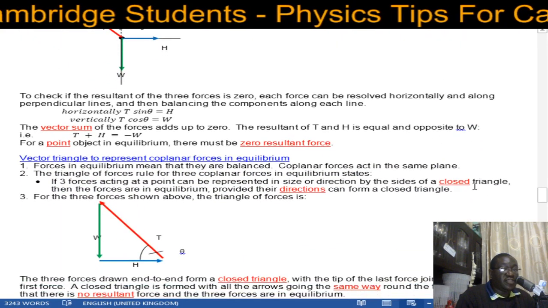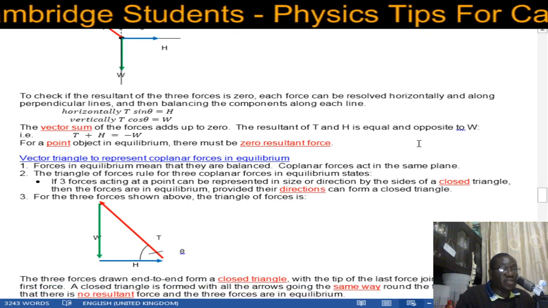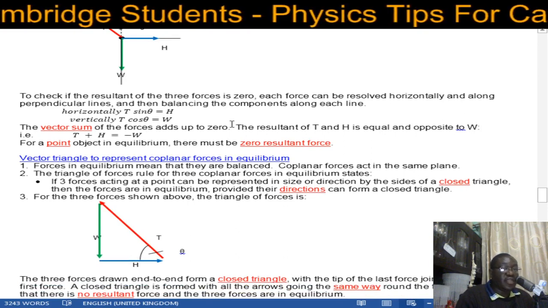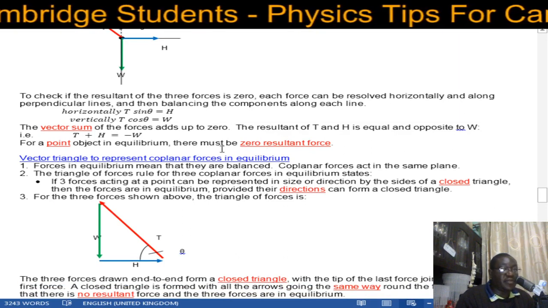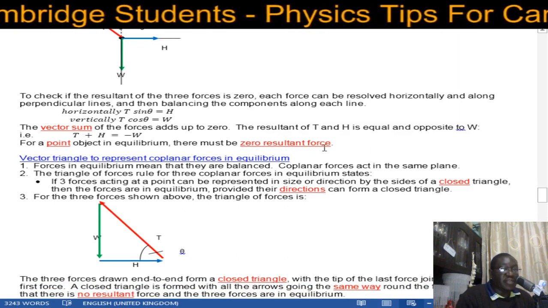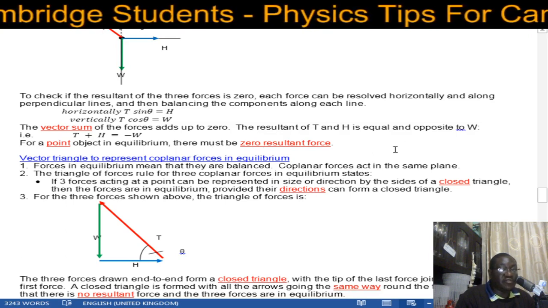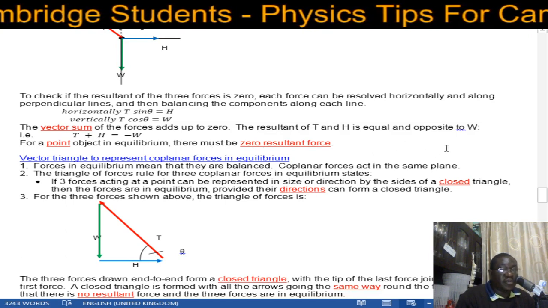That is, the resultant of T and H is equal to and opposite to W. I've already talked about that. That's T plus H should be equal to minus W. If a point object is in equilibrium, there must be 0 resultant force.